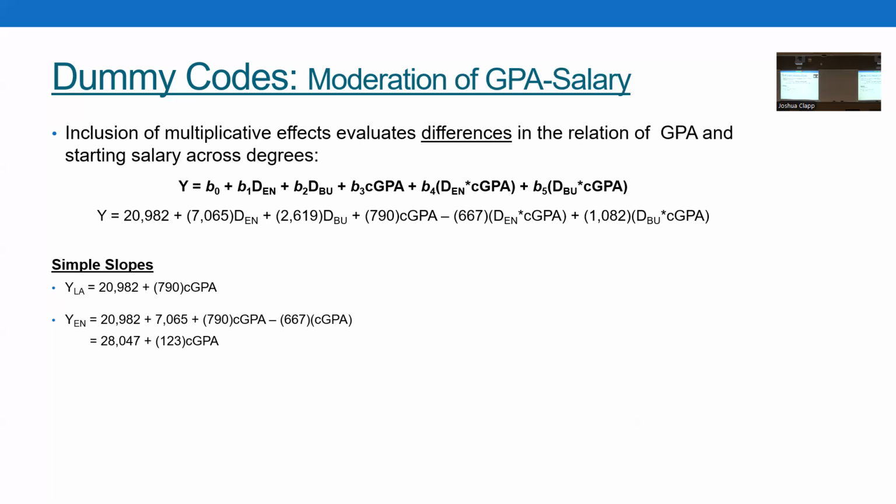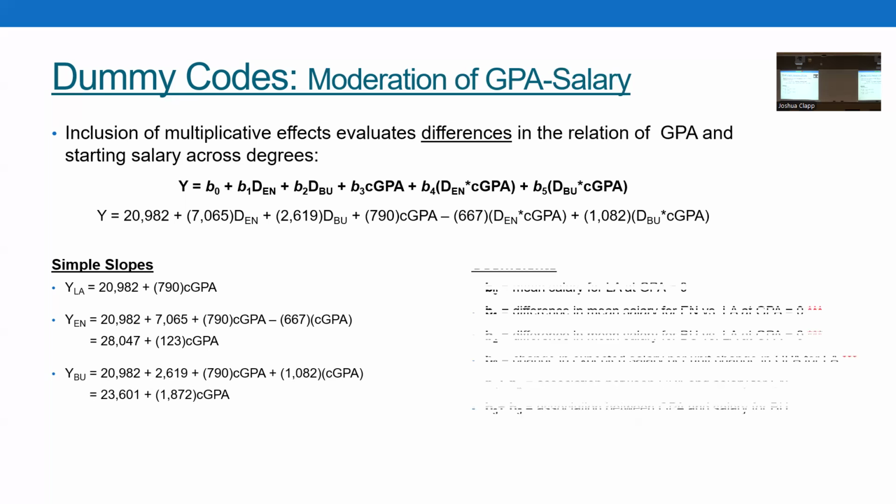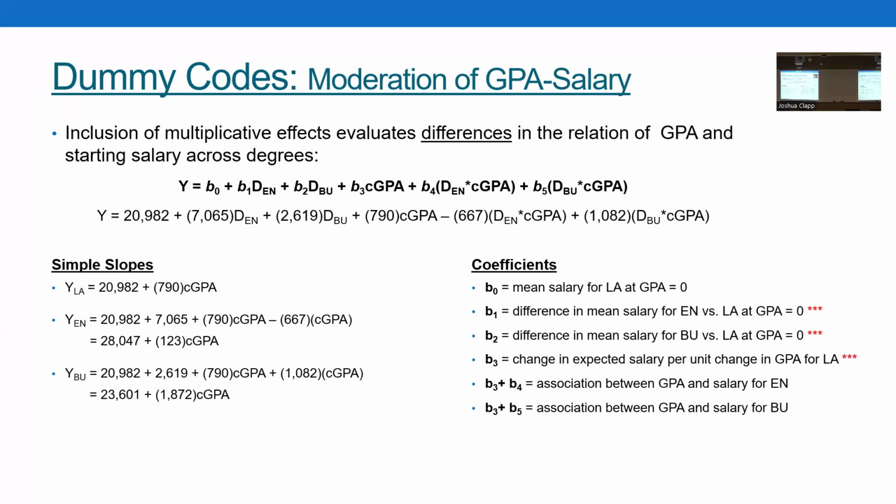And as we might expect, this is a much, much weaker coefficient than it is here. GPA doesn't matter so much for engineers. Okay. Same thing if I substitute one for business and zero for everything else. It drops this out, and now I've got my simple slopes for my business majors, okay?